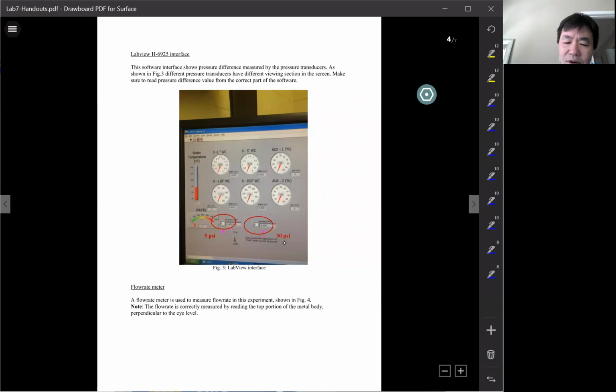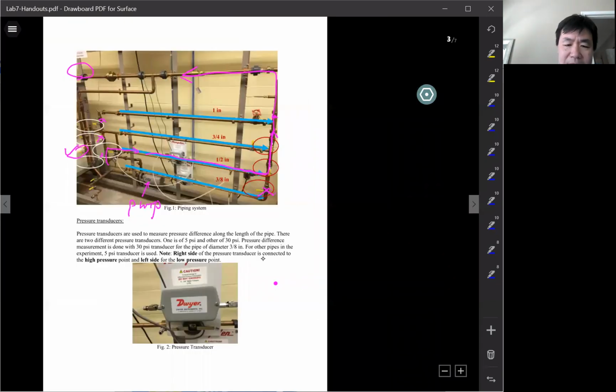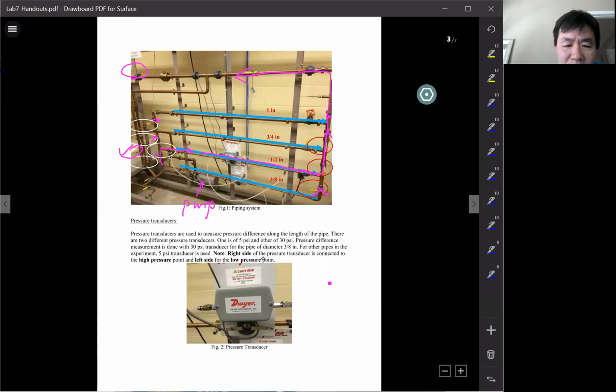On each pipe, you have two measurement points where you can insert the pressure gauge. There is also a reading in the middle. If you want shorter pipes, you can pick these two to measure pressure differences.